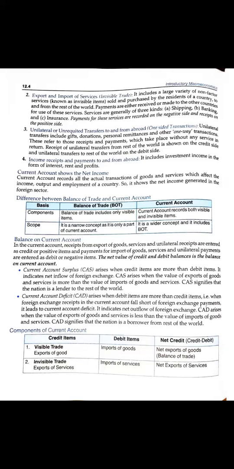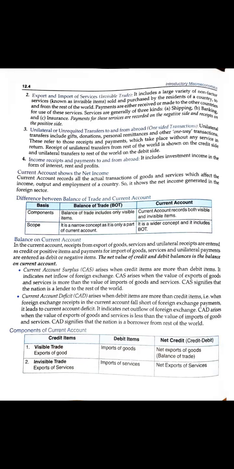Why? Because the bank is the only medium where we are able to transfer the amount. Yes or no? Suppose I want to transfer 5,000 rupees to someone, either I can give him cash in hand, or else the maximum chances are I will go through the bank medium.